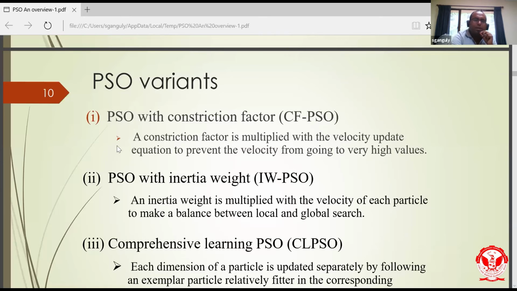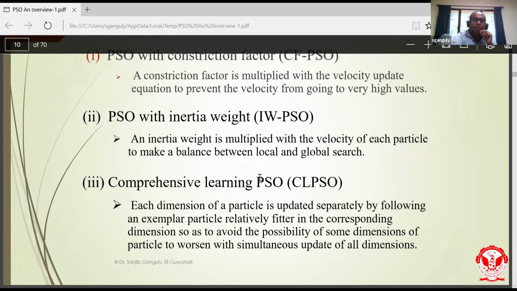Sometimes a constriction factor is used, which restricts the velocity from going to a very high value, and they claim that the performance of PSO improves with it. Similarly, an inertia weight is multiplied with the velocity value, and this variation is called PSO with inertia weight. It was proposed in another paper, and they claim that performance is improved with this inertia weight.